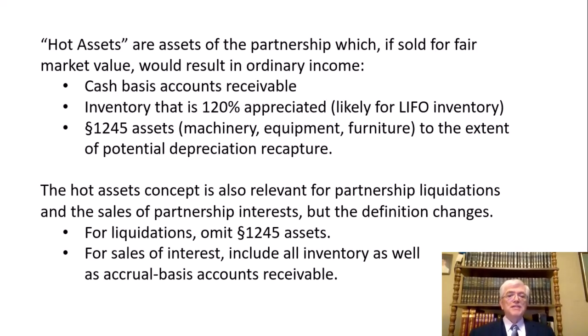A lot of the time, the basis of the accrual basis account receivable will be equal to the amount of the account, so there won't be much income recognized for that. But if there is any gain to be had from an accrual basis account receivable, you would also count that as a hot asset, but only in the case of a sale of interest.